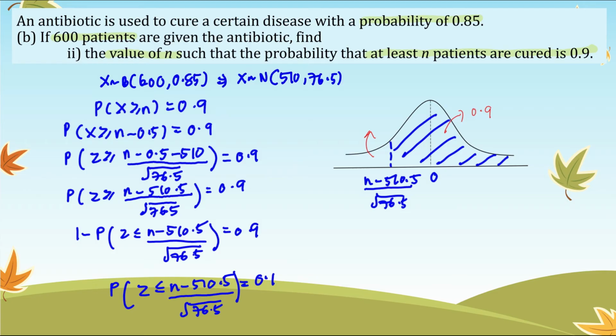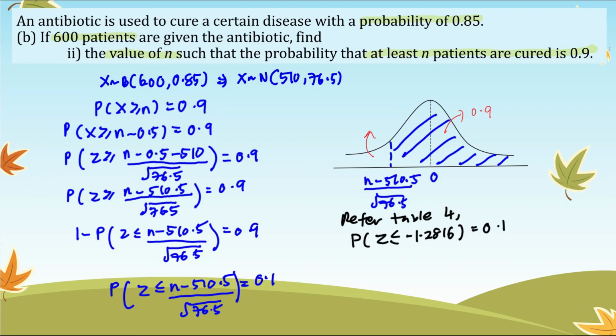Now we can read from the table. Refer to table 4. The value will be 1.2816. It has a negative in front of the value because (n - 510.5) / square root of 76.5 is on the left side.